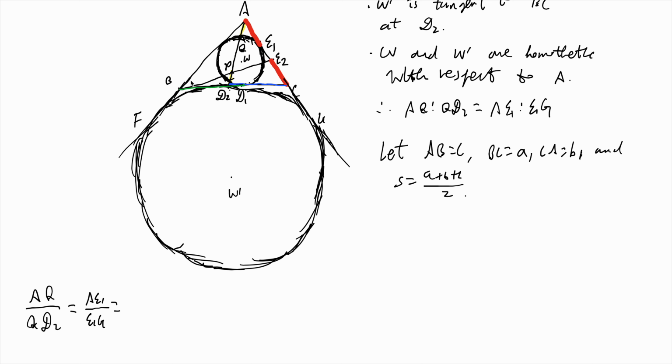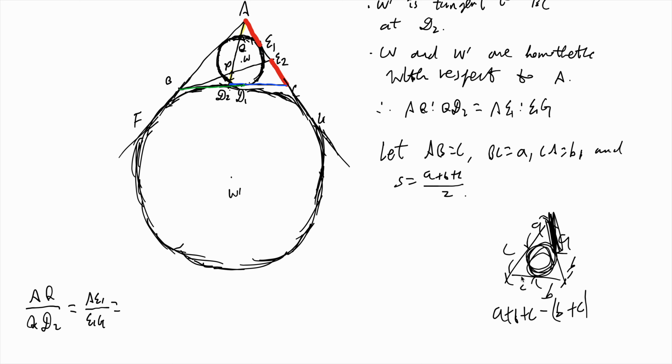Whenever we have something like this, a, b, c, we know that this length right here, a, is equal to a plus b plus c minus b plus c, right? And a plus b plus c is equal to s, and b plus c is equal to this length. So using that, we know that this is equal to s minus a.